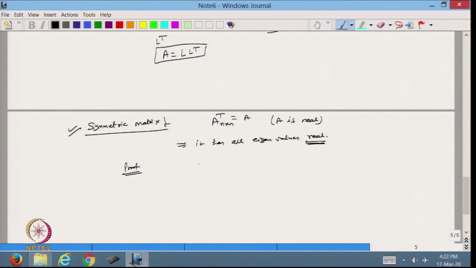I know that for the eigenvalues I can write Ax is equal to lambda x, where lambda may be complex, because I do not know. I have to prove that it is real or complex. So, if it is complex, A is real and lambda is complex, so x is also complex.